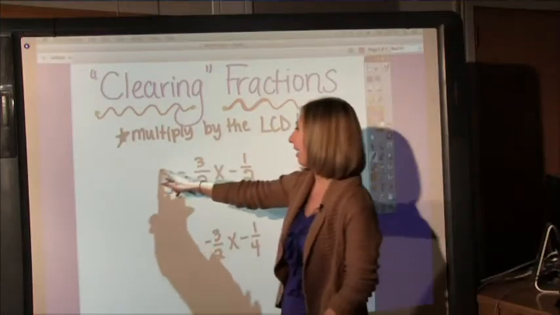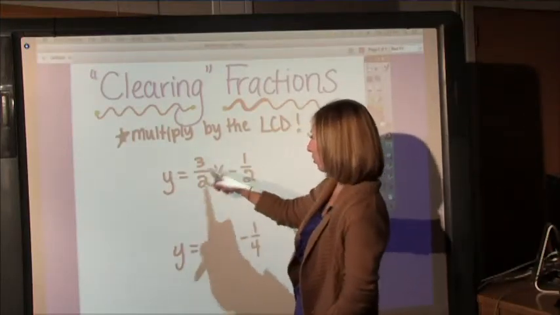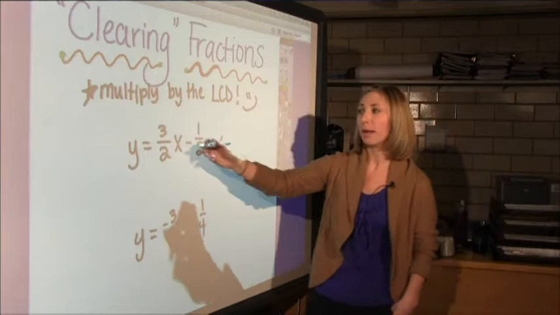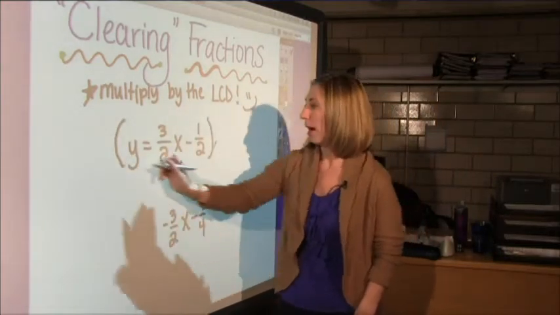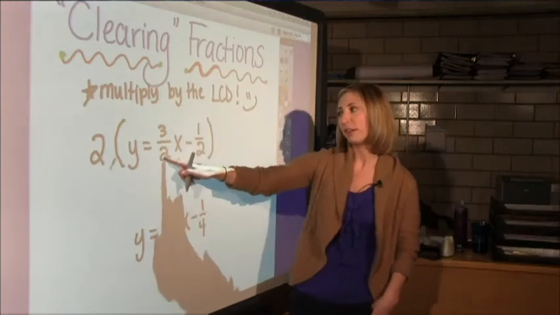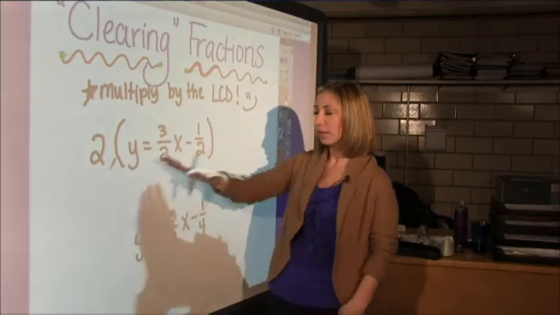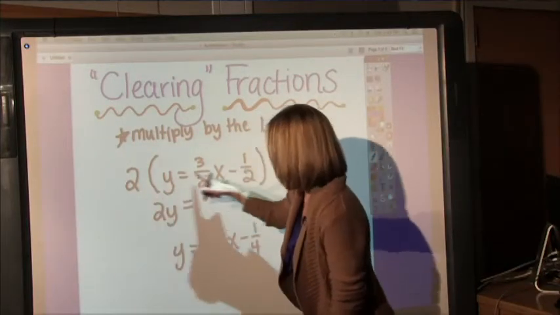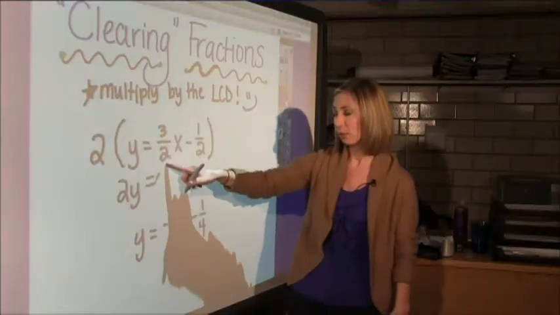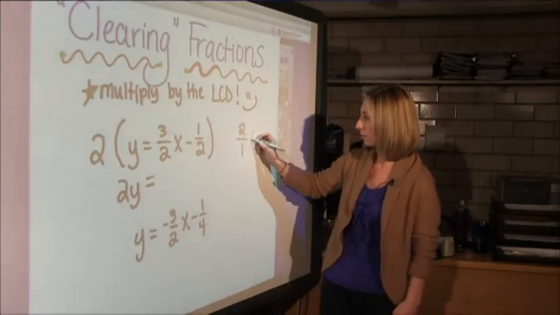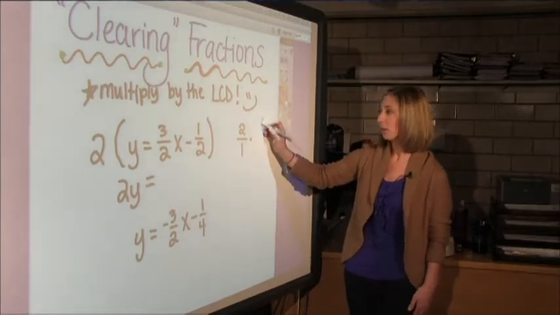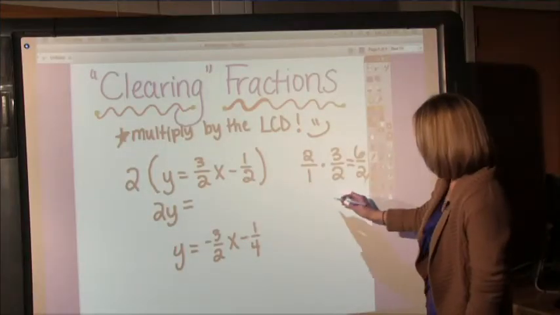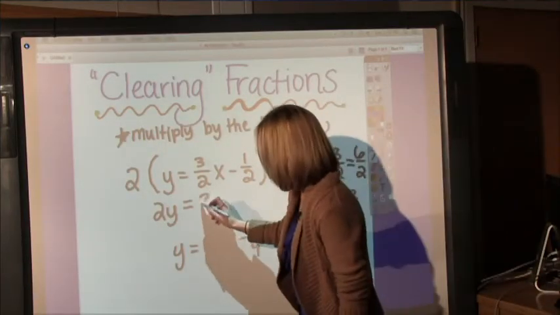So for example, if I had this equation here, and I wanted to get rid of the fractions 3/2 and 1/2, what I would do is multiply my entire equation by 2, the common denominator. When I multiply my entire equation by 2, I end up with 2y equals, and then 2 times 3/2, or 2 over 1 times 3/2, gives 6/2, which is the same thing as 3, so 3x.